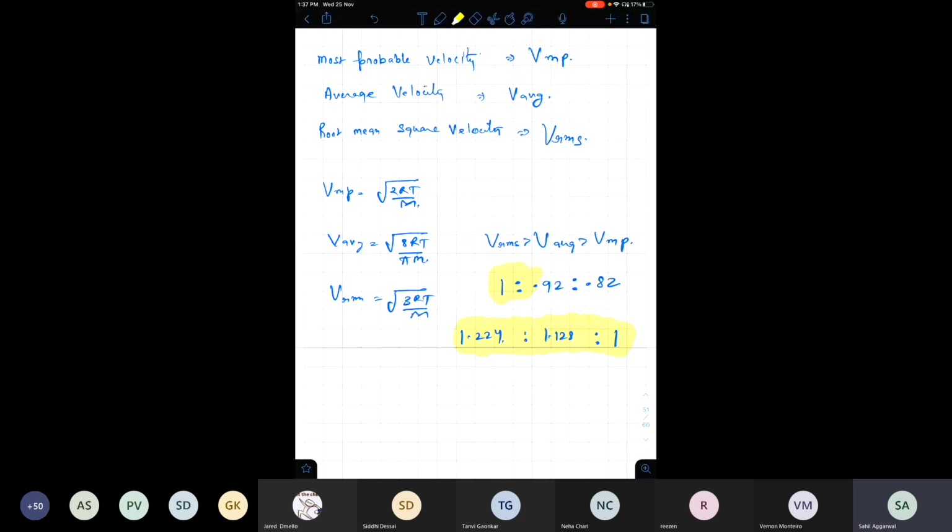You should know these ratios also. Anytime you have to convert one into another. ठीक है, आपको कभी भी कन्वर्ट करनी पड़ सकती है, तो you should know these ratios also. Understood.